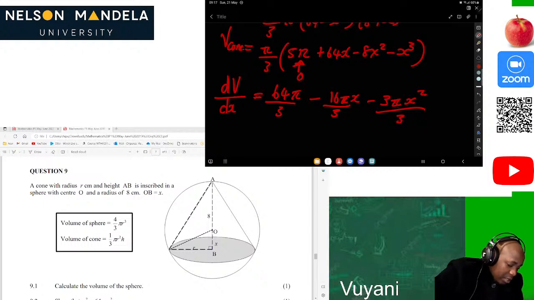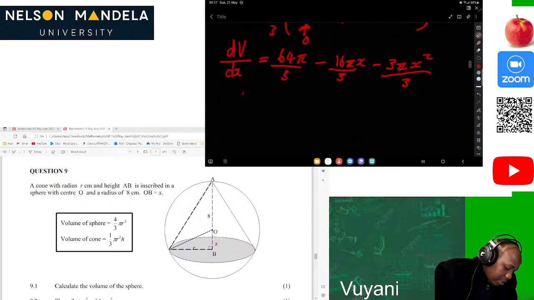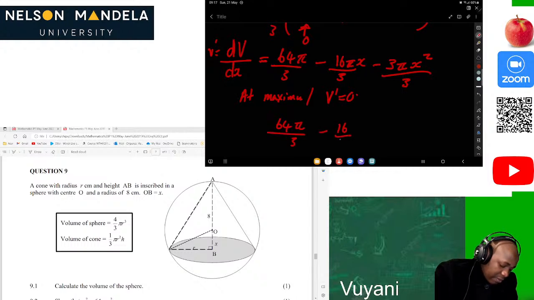Then, of course, at maximum, or someone will say at largest, the derivative, which is v prime, is equal to 0. So we have 64 pi over 3 minus 16 over 3 pi x minus 3 pi x squared is equal to 0.